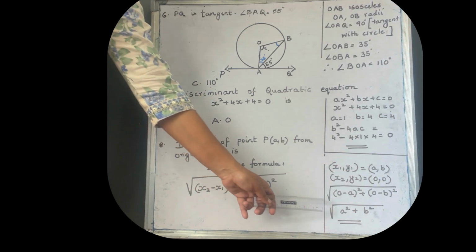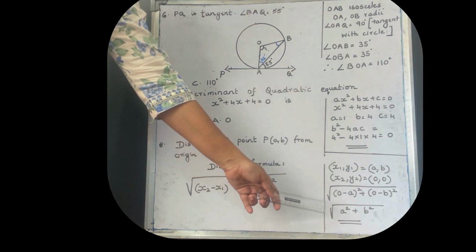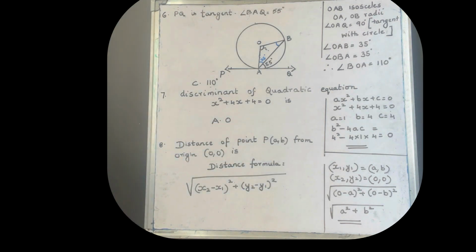We get root of a square plus b square. So the answer is option D, root of a square plus b square.